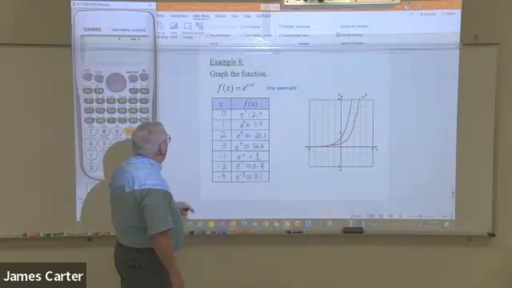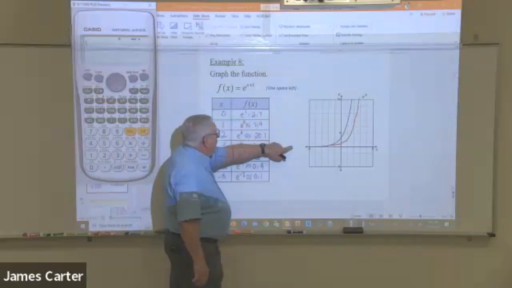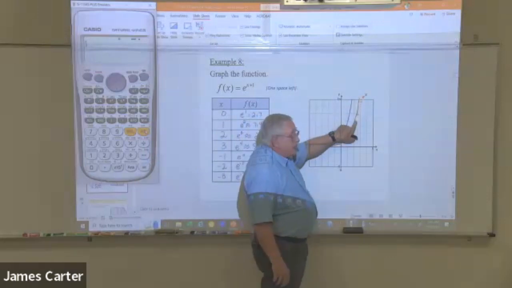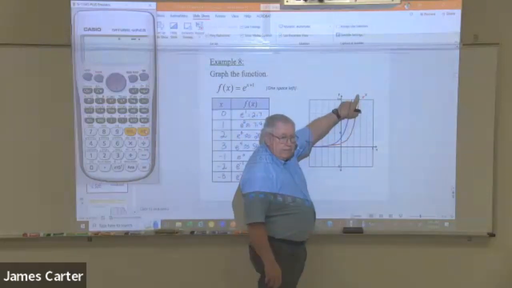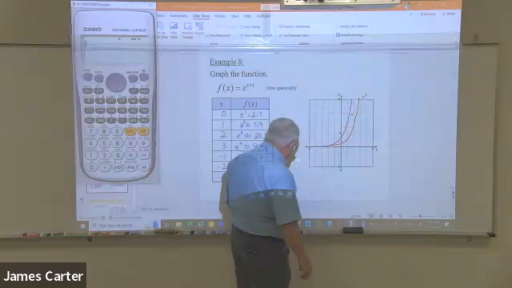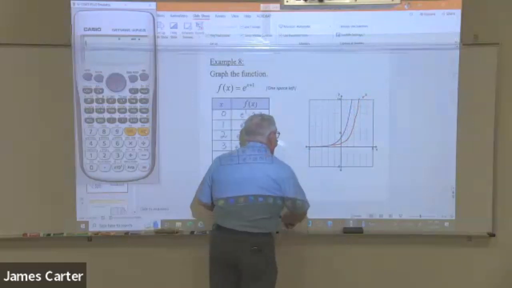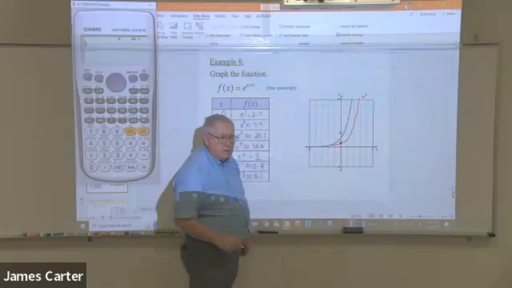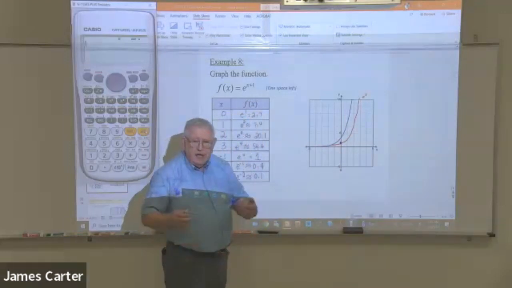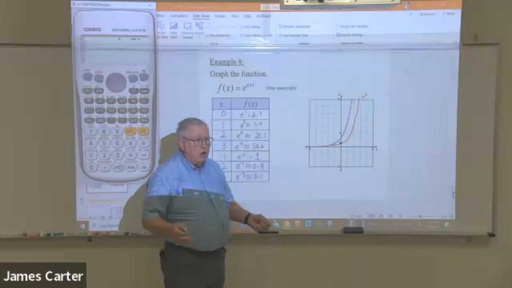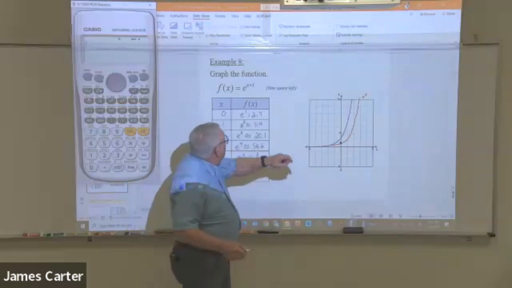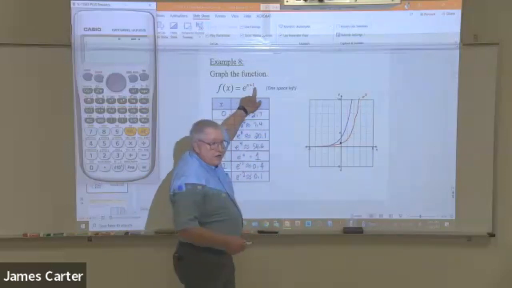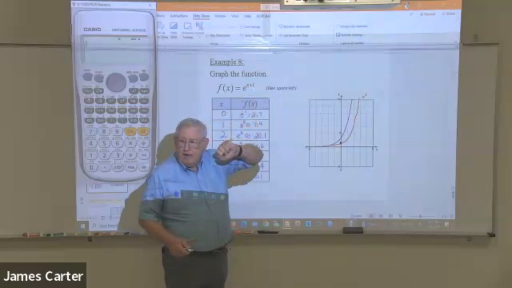Now then, what we're dealing with here, this orange is the e to the x curve. Any exponential curve is basically going to go through the point 0, 1. That's going to be kind of your anchor point on all exponentials, unless there is a modifier.